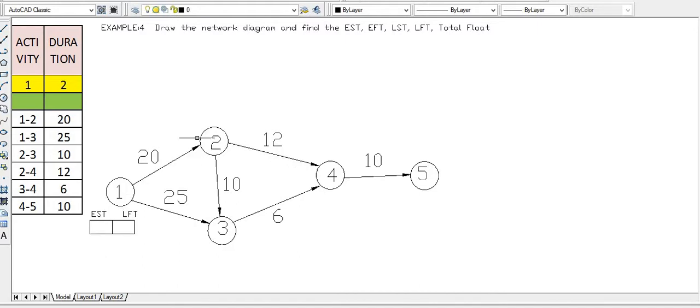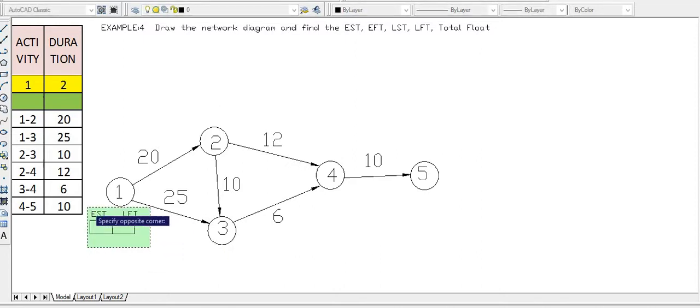For event 2, we have to find out EST, that is earliest start time, and latest finish time. Same way for event 3, we have to calculate EST, LFT. Same way 4 and 5. For all these we have to calculate this. Okay.